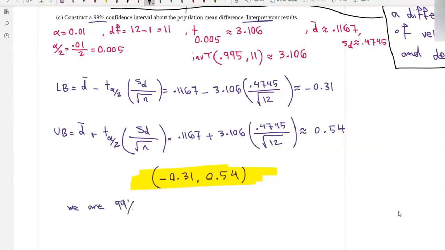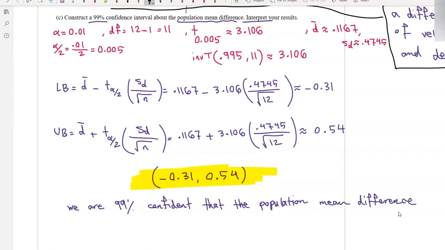So we are 99% confident that the population mean difference, because here we have population mean difference, of the measurement is between these two.